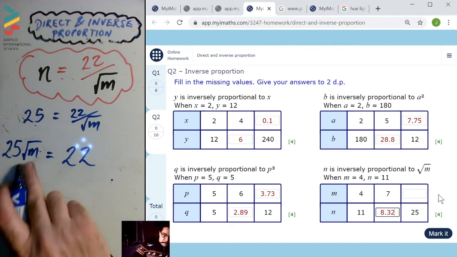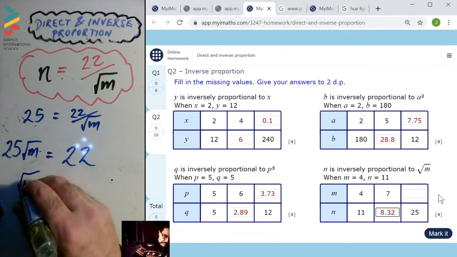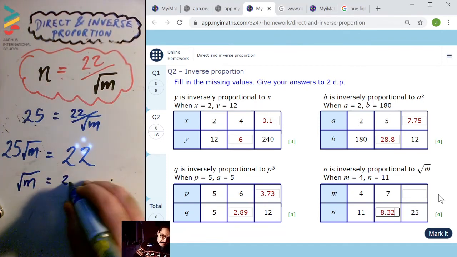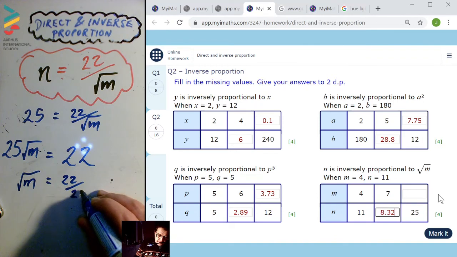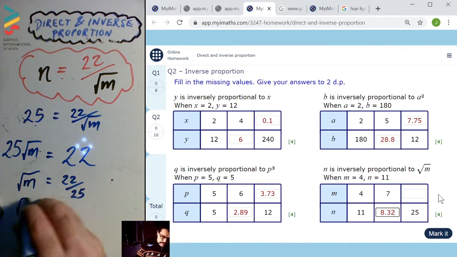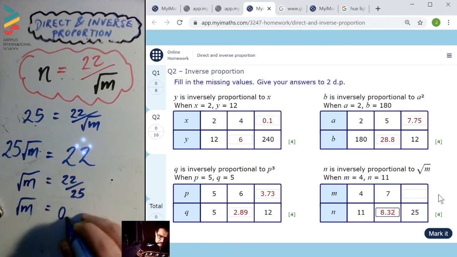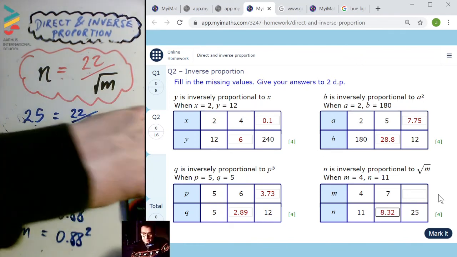Excuse me. I quite like to get the m bit on its own. So I'll divide by the 25 to get that the square root of m equals 22 divided by 25, which is 0.88. So the square root of m equals 0.88, and m must be 0.88 squared, 0.88 times 0.88.